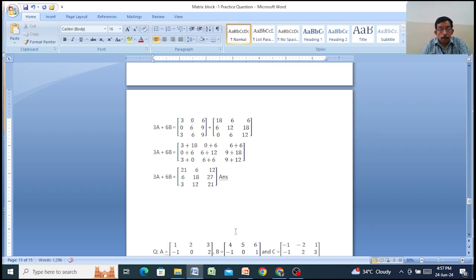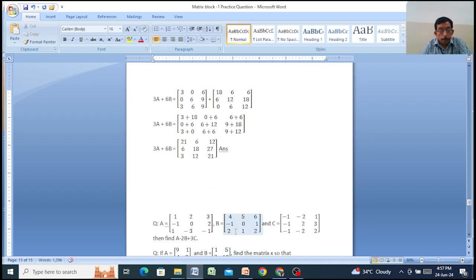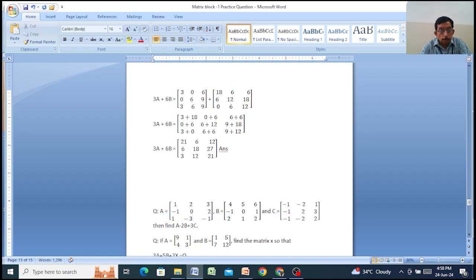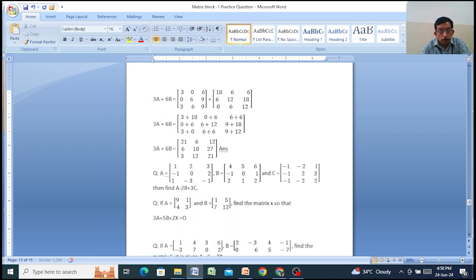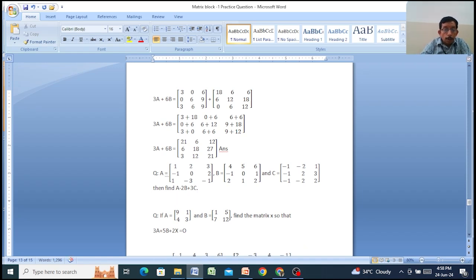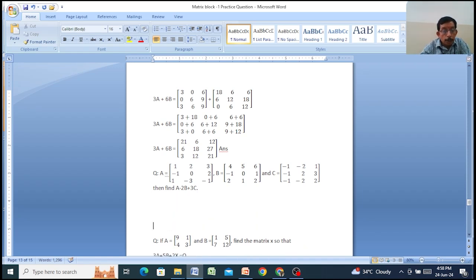Now coming to the next question. Three matrices A, B, C are given, then find A minus 2B plus 3C.